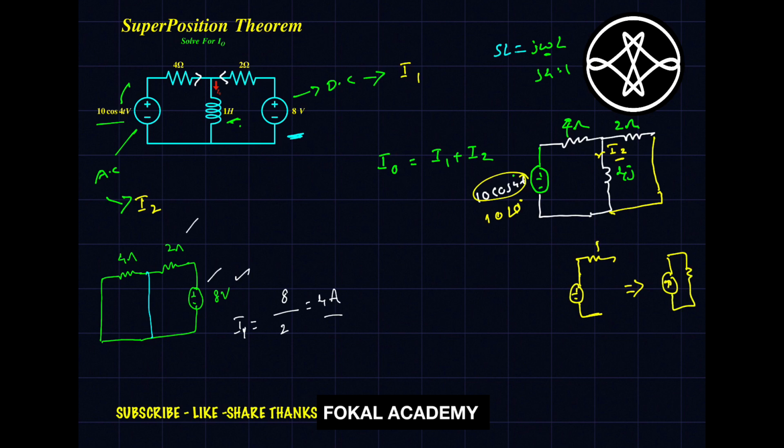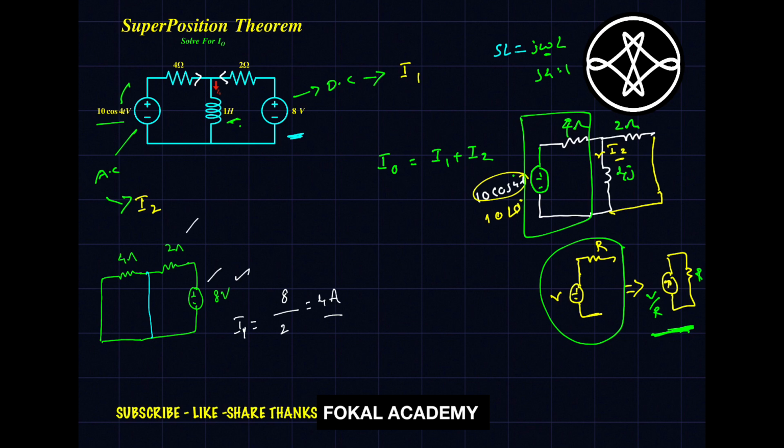Suppose R is here and V is here; the current becomes V by R, with the same R in parallel. In place of this part, I am going to use this one. This is called the source transformation technique.